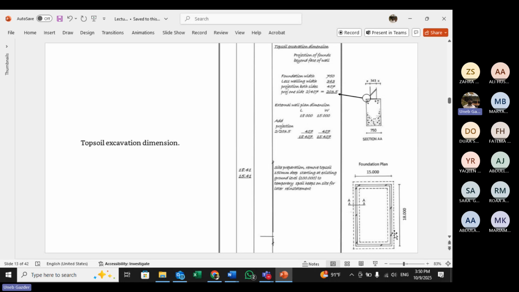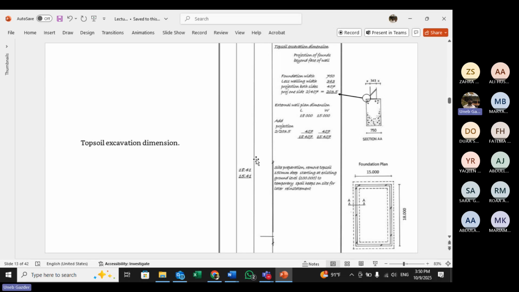So 18 meters plus the projection of the footing on each side. How much was the projection? 203.5. So on each side, two sides added with 18 meters, two sides added with 15 meters. This is your perimeter now, the girth.